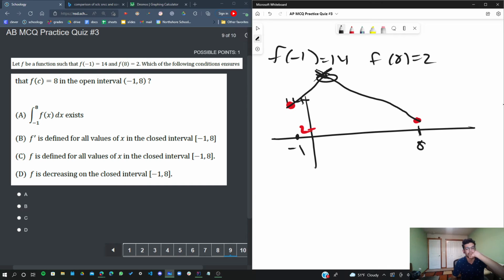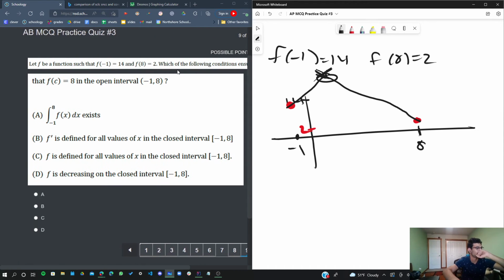Which of the following ensures... Okay, this is weird. It's either between A or C. I really want to say C. How much time do we have left? Okay, we have time. F is defined for all values.